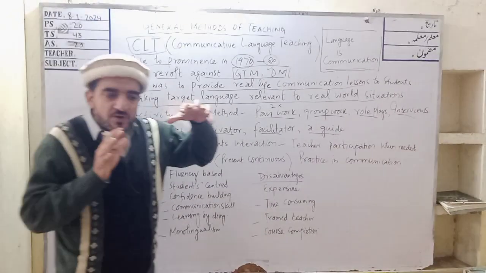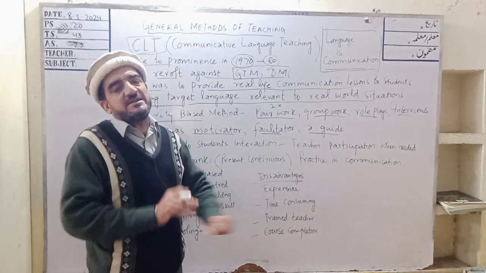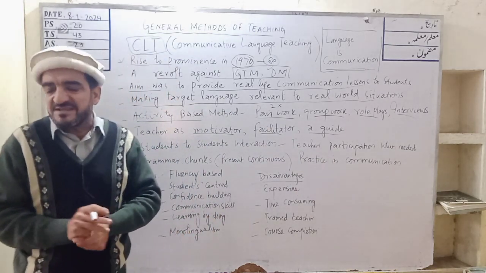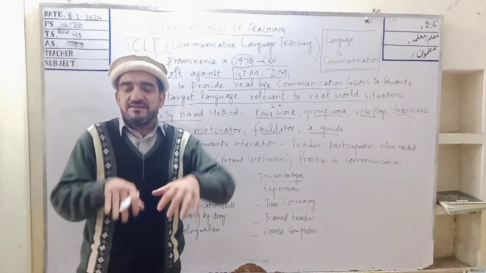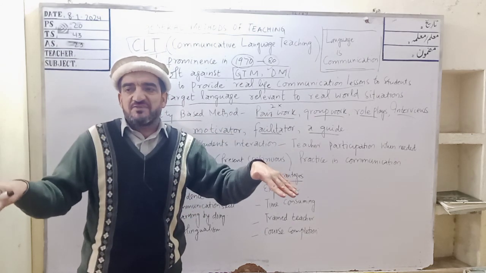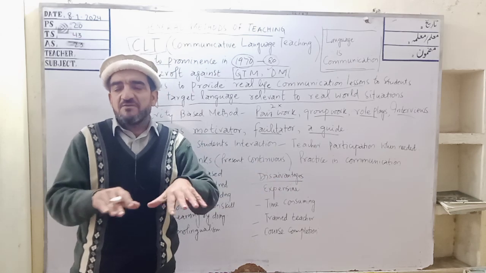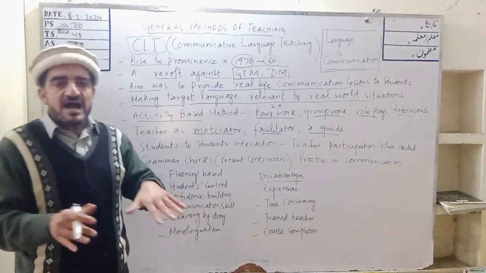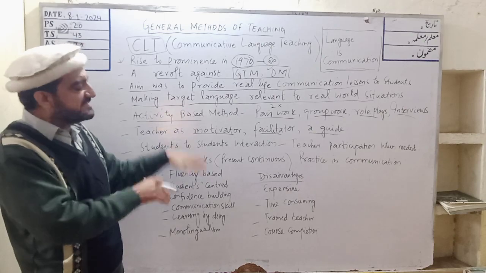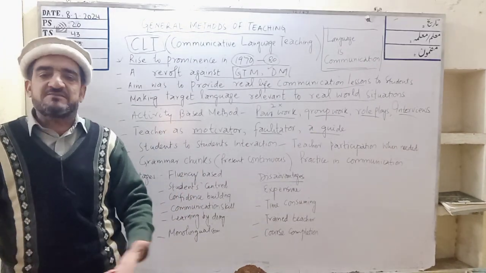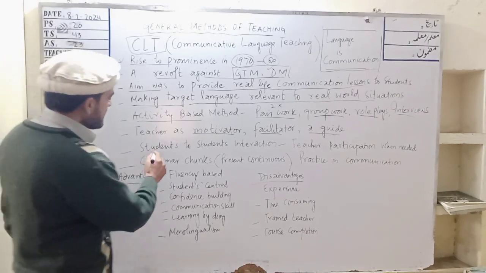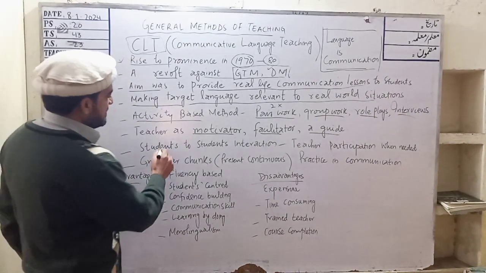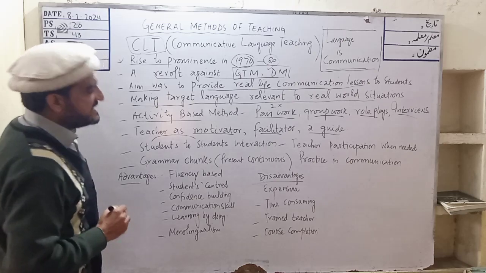It is also known as the participative method. Participative in the sense that students are collectively involved in the activities and the teacher is only observing, and wherever there is a need of guidance or facilitation, the teacher extends it to the learner. Students to students interaction.